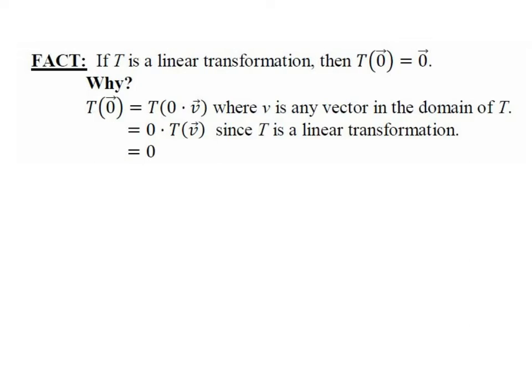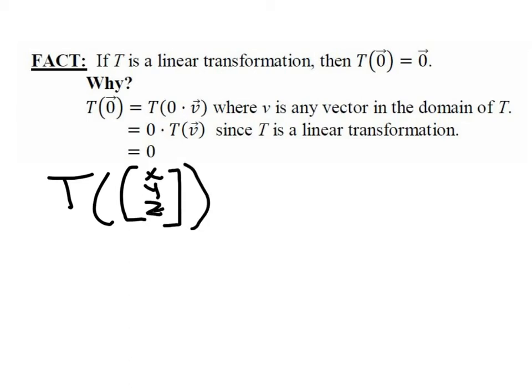A lot of students are claiming in question 6 that the transformation you're given is linear because the zero vector is mapped to the zero vector. It might help to write down the transformation I gave you.